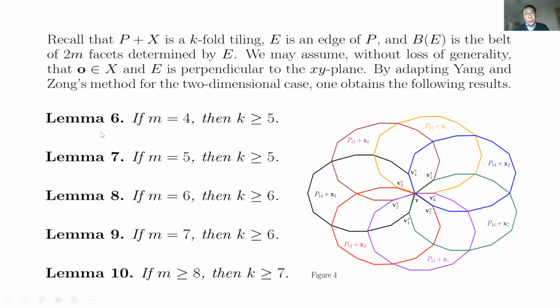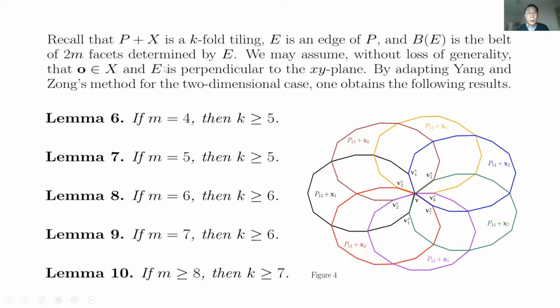So when we introduce this dihedral adjacent wheel and do the projections like here, recall P plus X is a k-fold tiling, E is an edge of P, B E is a belt with 2 times m facets, as I emphasized here. Then we first project this polytope, together with the whole lattice, along the E direction to the XY plane.